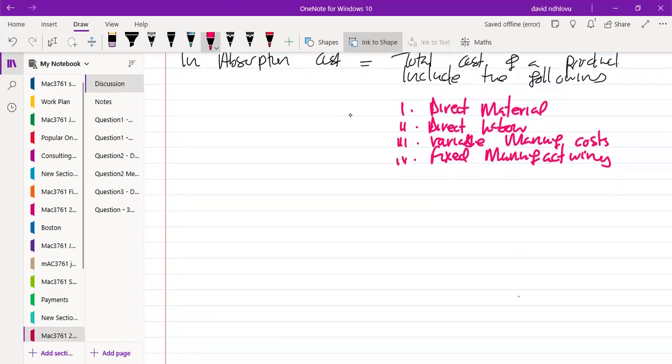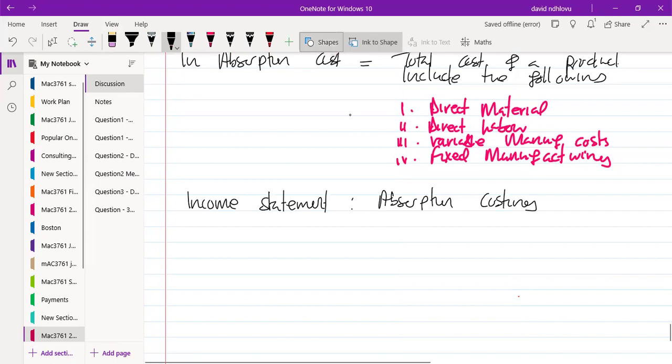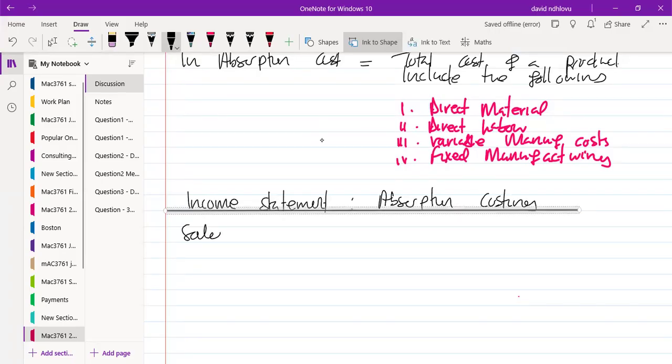So if I'm preparing my income statement based on absorption costing, obviously I will have my sales, whatever the amount is, then I will less cost of sales.